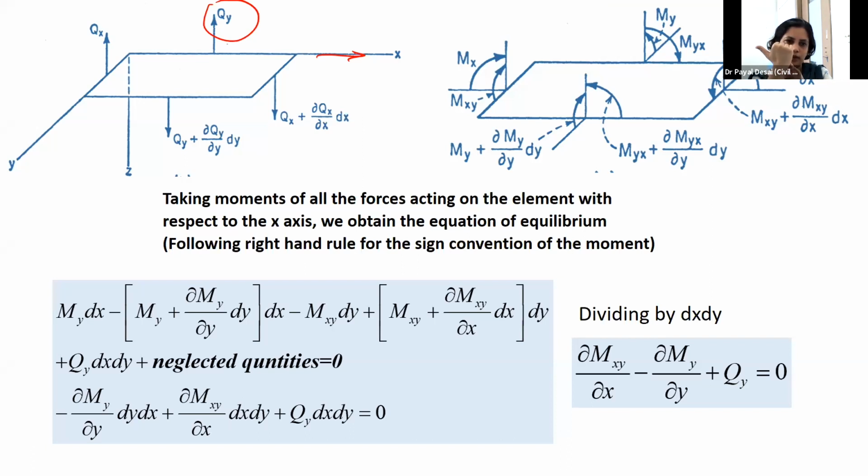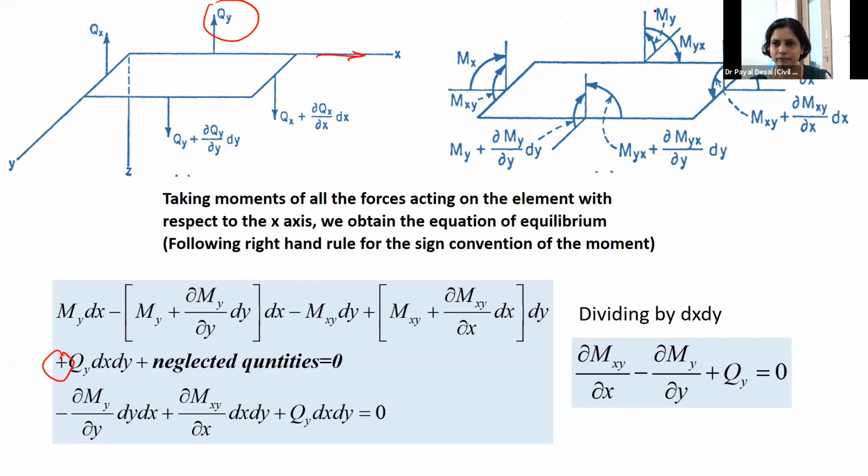You are rotating qy, and the positive x-axis is the right hand side, the thumb direction is positive, and so I am considering this as positive. Similarly, whether clockwise or anti-clockwise, whatever way you want to define it, always follow the right hand rule. I think that is easier to write your equation.